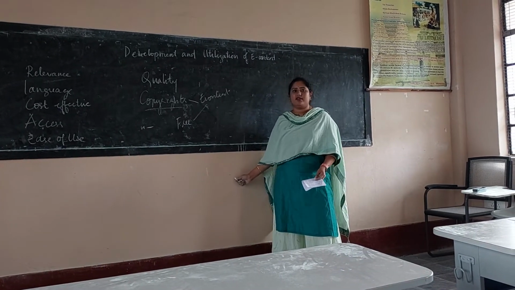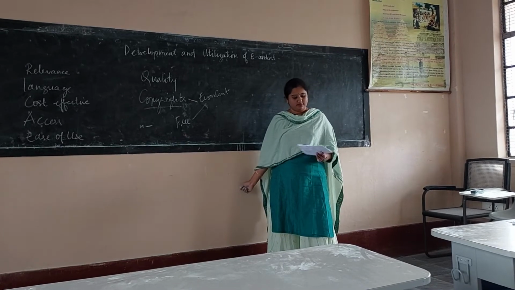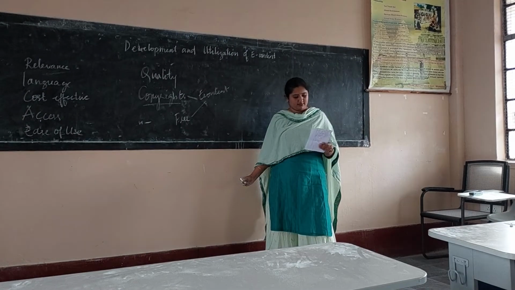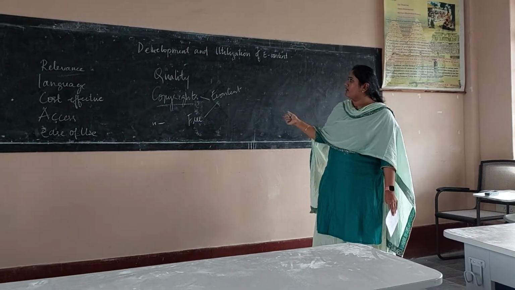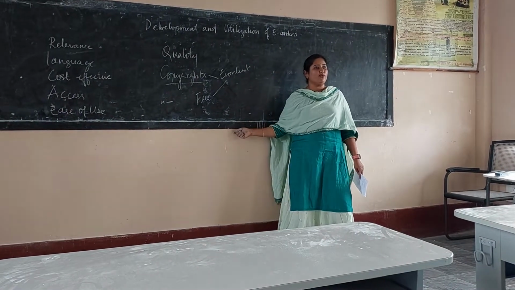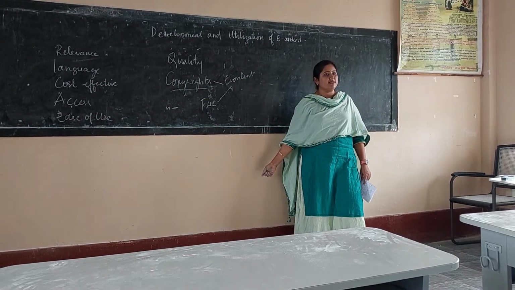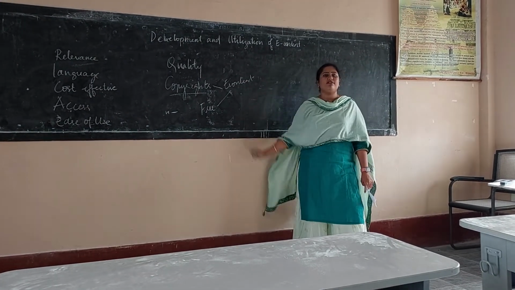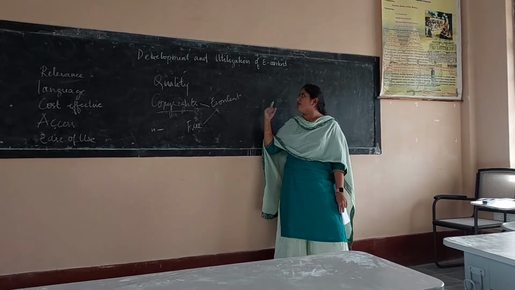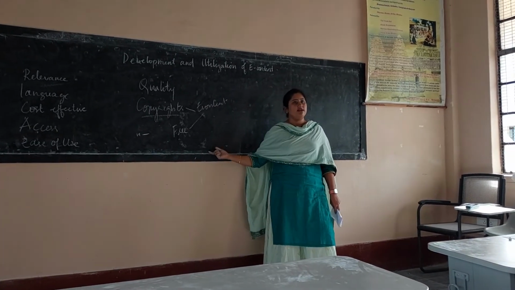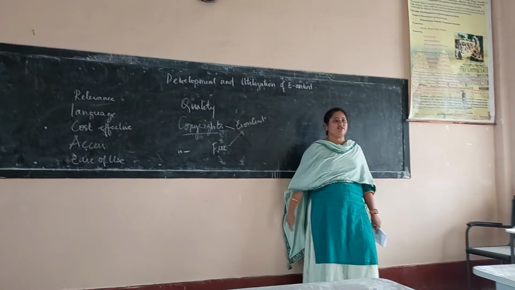After the model, we also discussed utilization: where it can be used, in which phase of your lesson, and how it can be used in your lessons. And lastly we have discussed what are the factors you should take into consideration when you are using any content. So with this we complete your topic of development and utilization of e-resources.